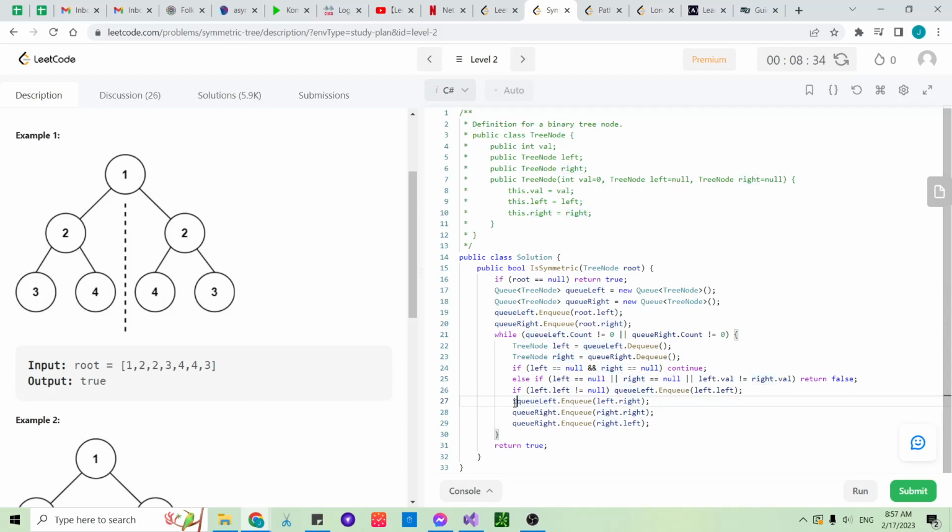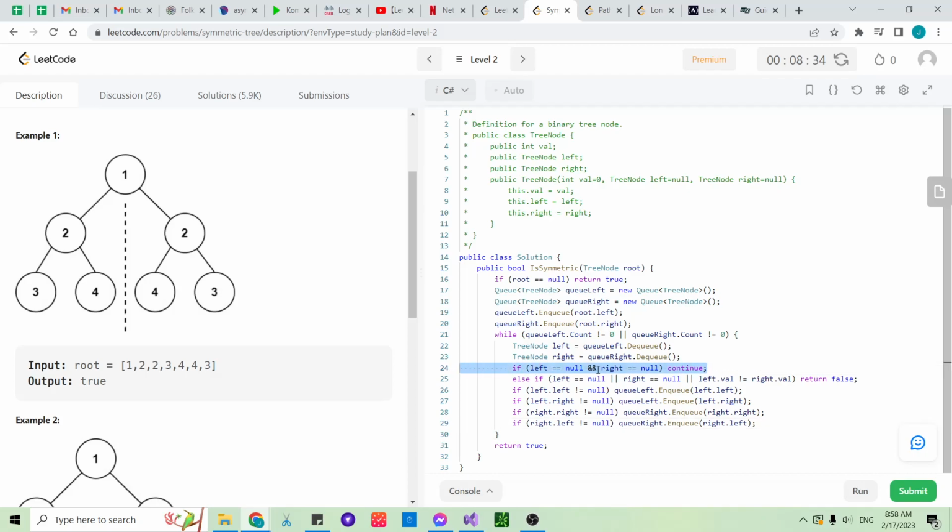We will need to add all of these. Left is now null.